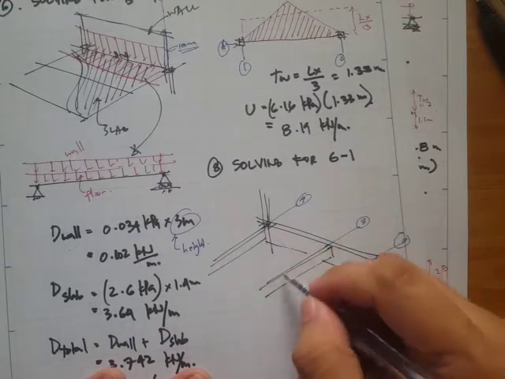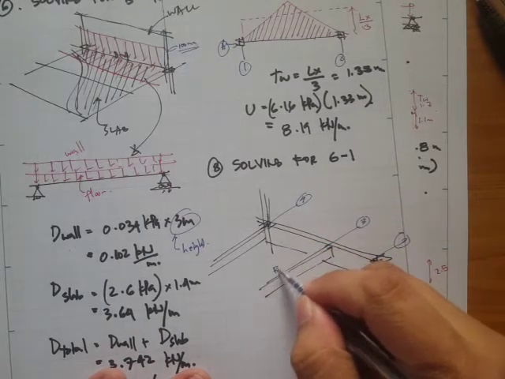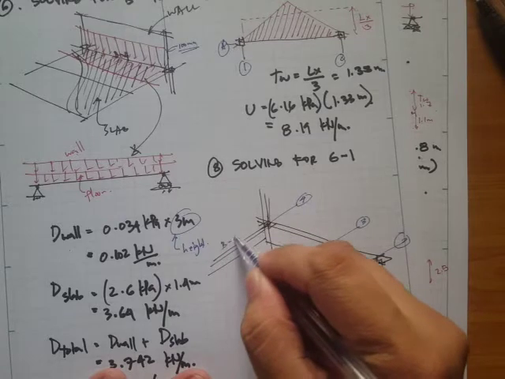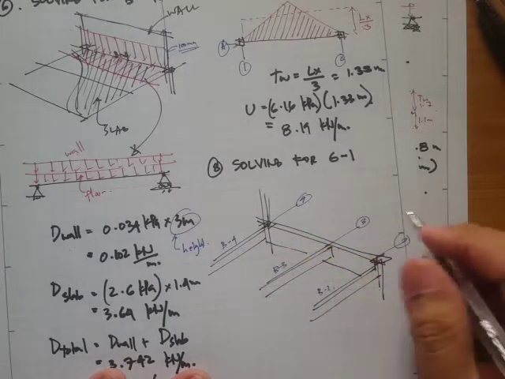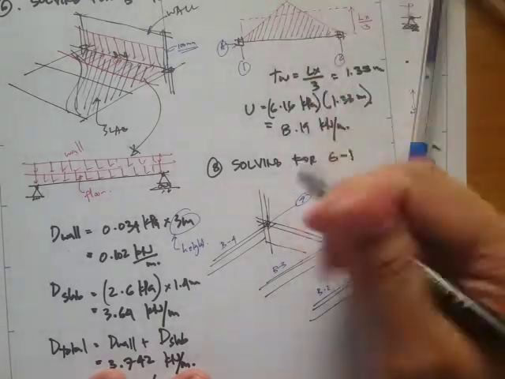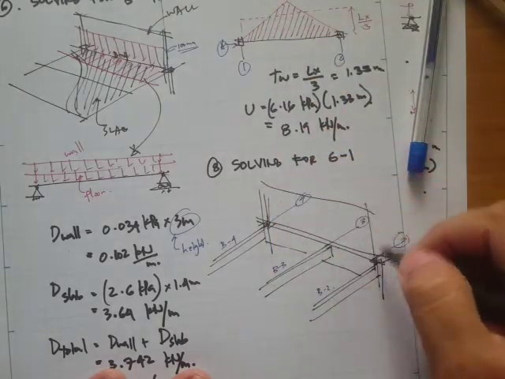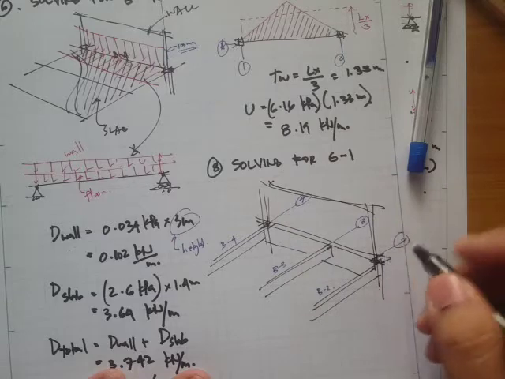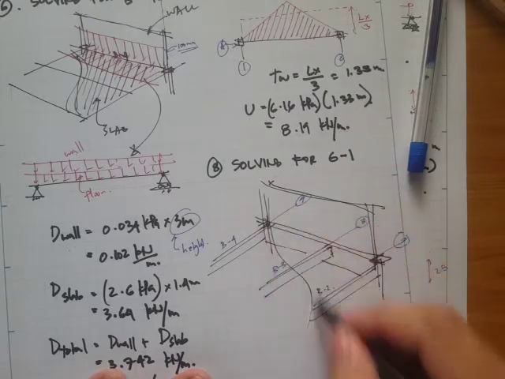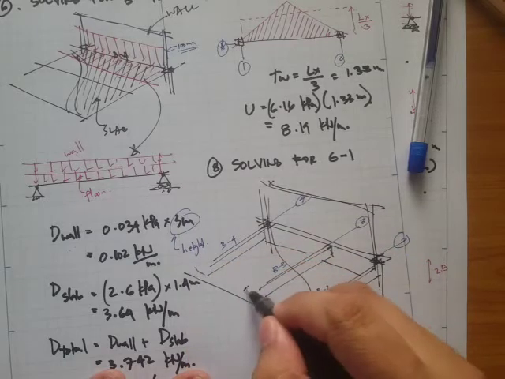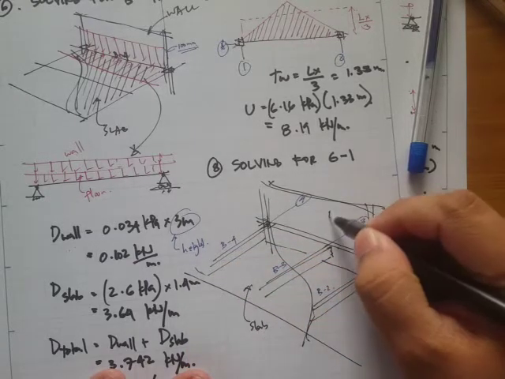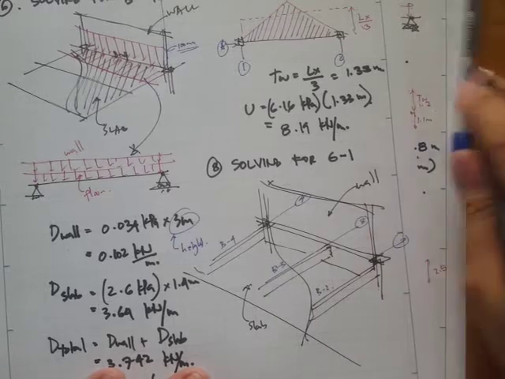So we have this B-3, then B-4, B-2. And we have a wall. So we have a 3-meter wall, plus we have a slab, of course. Then this is the slab, then we have a wall.